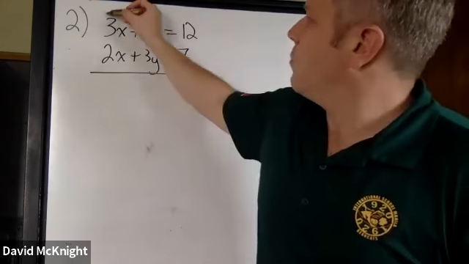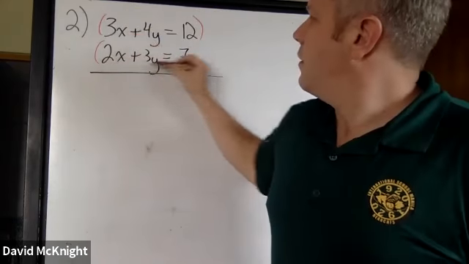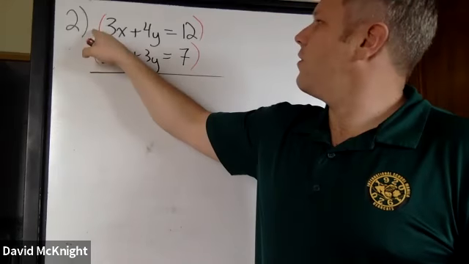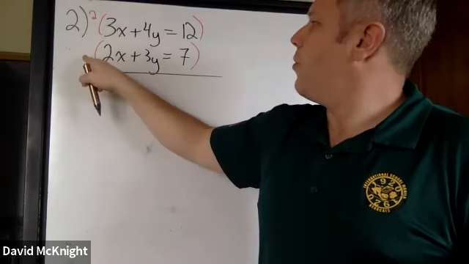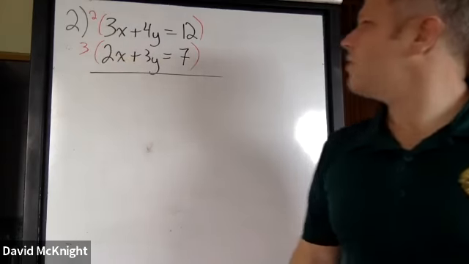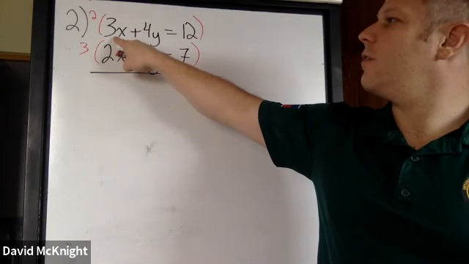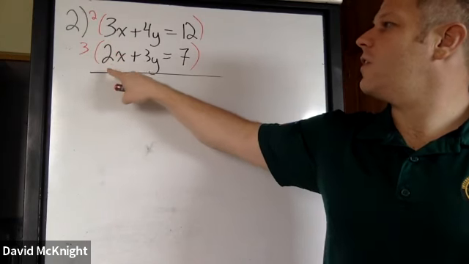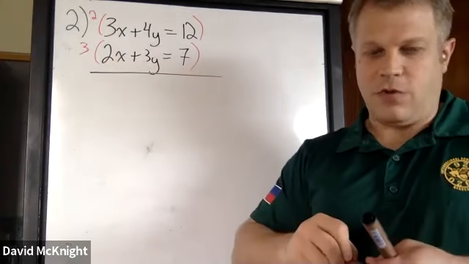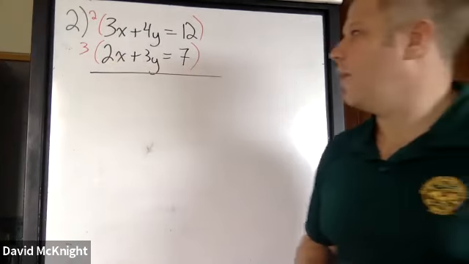But what we could do is multiply each equation by a constant. So if we multiply this one by 2 and we multiply this one by 3, the entire equation, that's going to leave us with 6x here and also 6x here, so that we will have the same coefficient that we can subtract from each other.